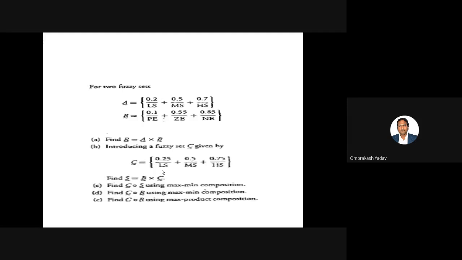So what is your doubt, Archana? My doubt is the parameters of C are LS, MS, and HS, while the row parameters of S are PE, ZE, and NE. So how will we be combining them and performing the max-min composition? But at least the parameters of C and the rows of S should match to perform max-min composition.